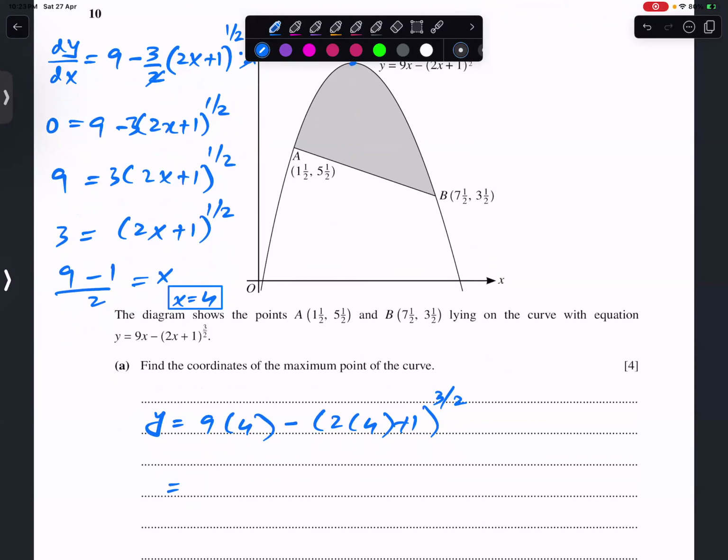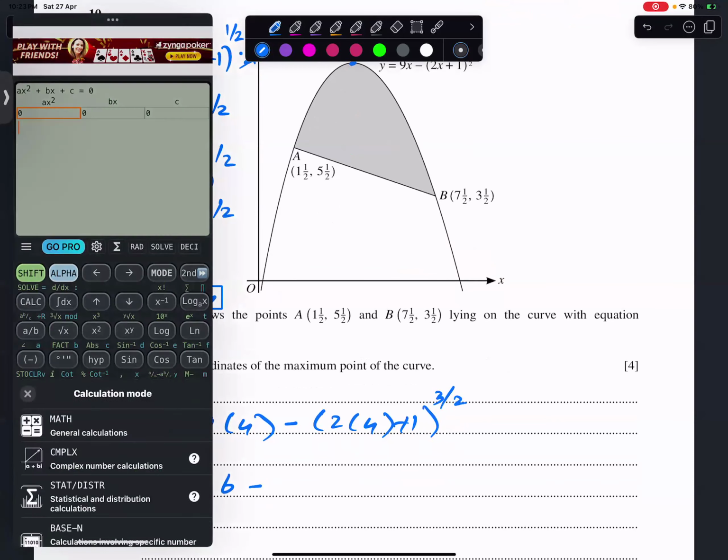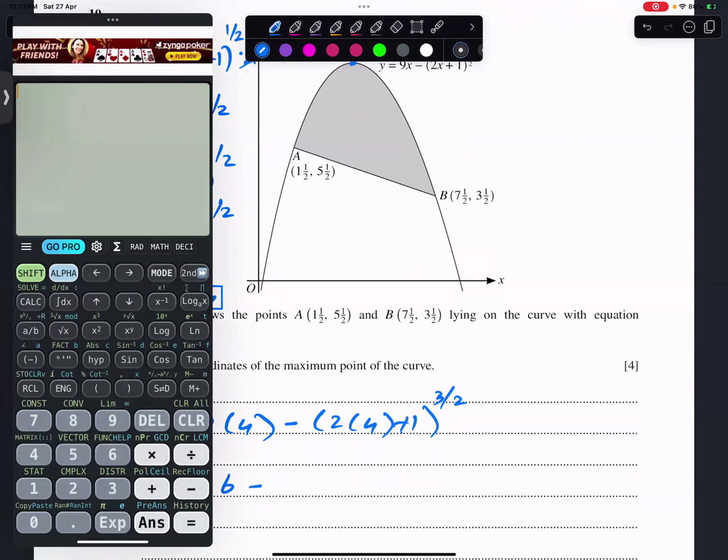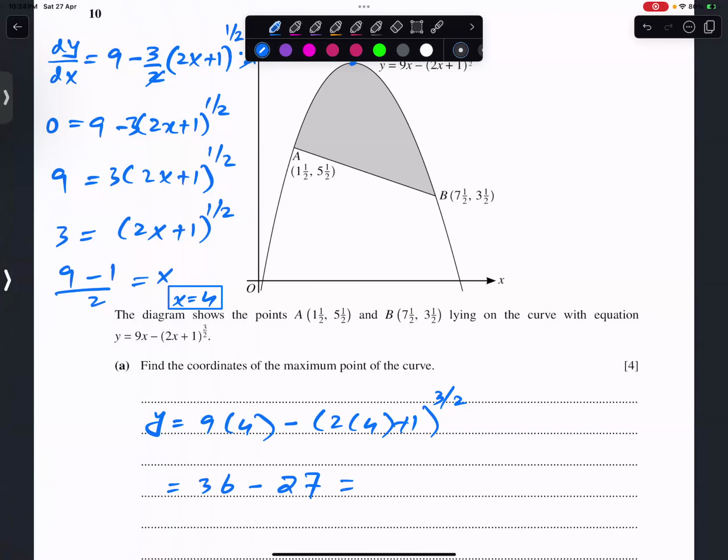So 36 minus, 8 plus 1 is 9, 9 power 3 by 2 is 27. So that will be 9. The point you have got, students, is the maximum point (4, 9).